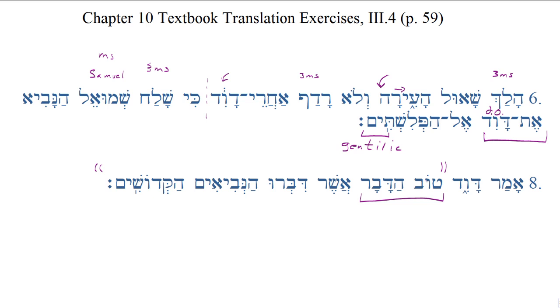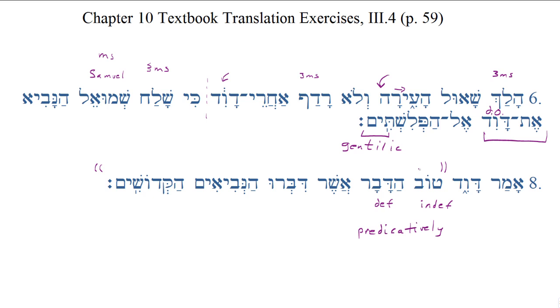We have an adjective followed by a noun, and notice that the adjective here is indefinite, tov, and the noun here is definite. It has a definite article, hadavar. When you have an adjective next to a noun, one indefinite and one definite, that is a really good indicator that you're looking at an adjective being used predicatively.